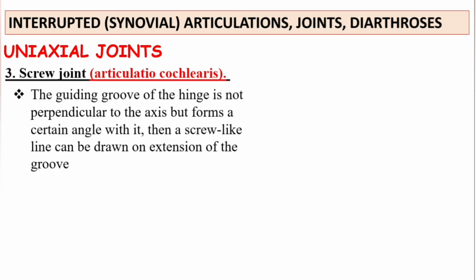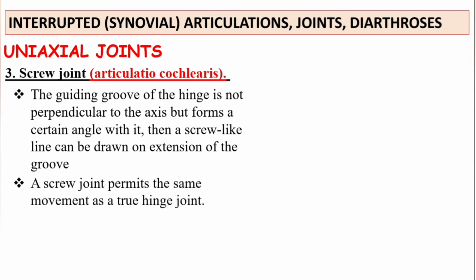This screw joint's movements are similar to the true hinge joint, right? The guiding groove of the hinge is not perpendicular to the axis but forms a certain angle with it. Then a screw-like line can be drawn on the extension of the groove.